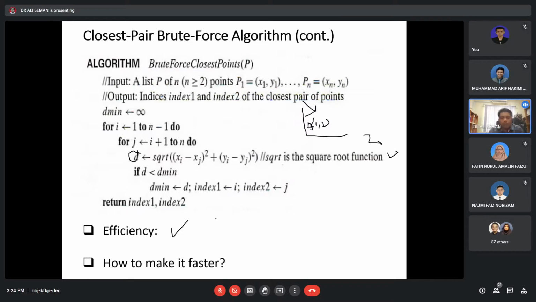The time complexity is big O of what? N squared, because this is n and this is n. Why is this n squared?